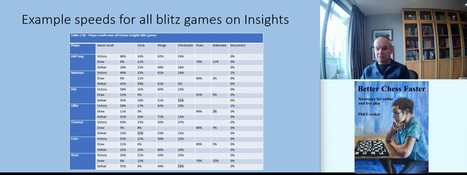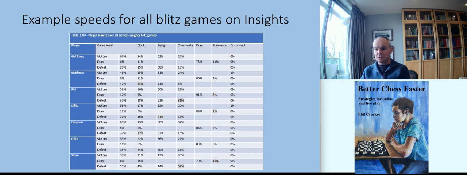So, for example, my good friend Liflitz from the Lurach club, when I look at this, I've highlighted the resignation 71%. So Liflitz is a very dangerous player, but I do wonder if he's resigning a little too eagerly.